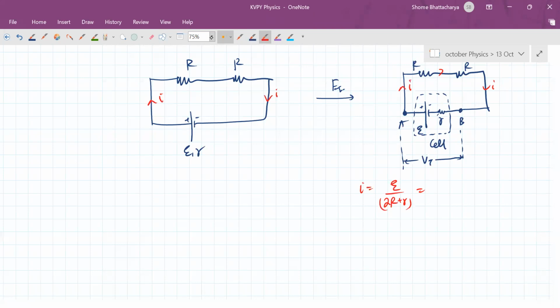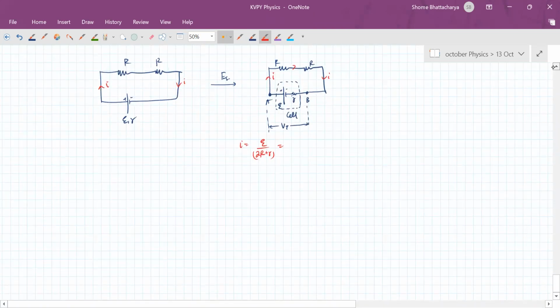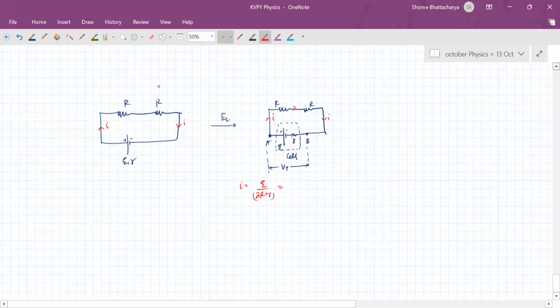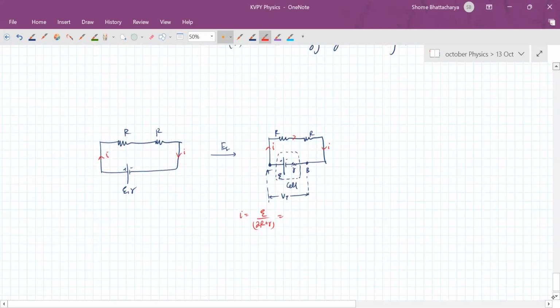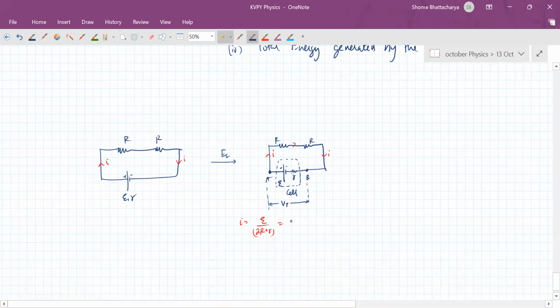So that will become how much now? 10 volts divided by 40 ohms. So 0.25 amperes.